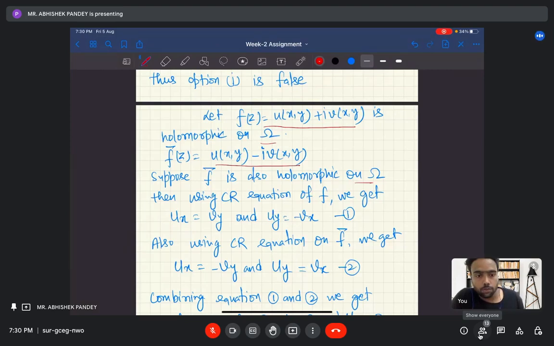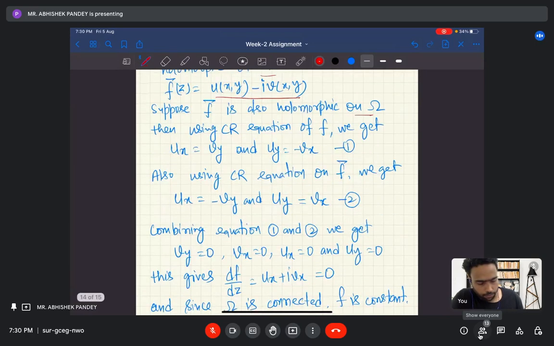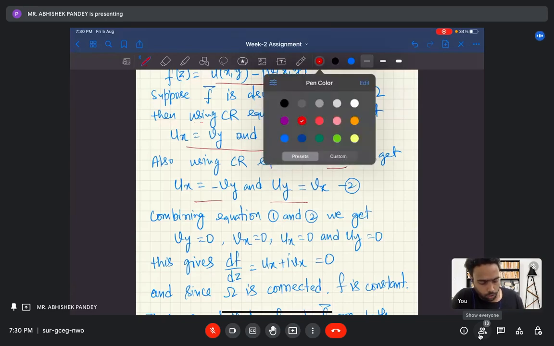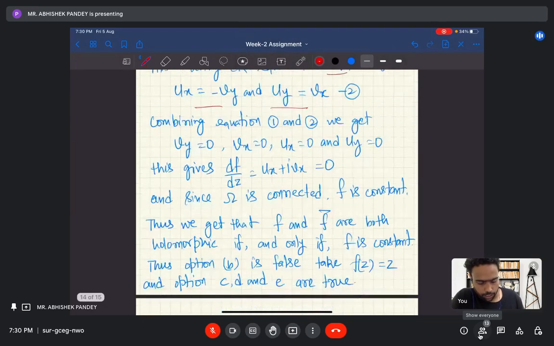So it will satisfy the Cauchy-Riemann equation. Using the Cauchy-Riemann equation of f we get this, and using it on f bar we get this. Once you combine these two equations, you get all the partial derivatives equal to 0.